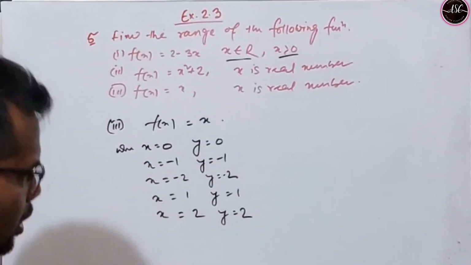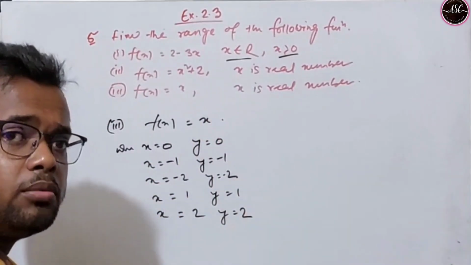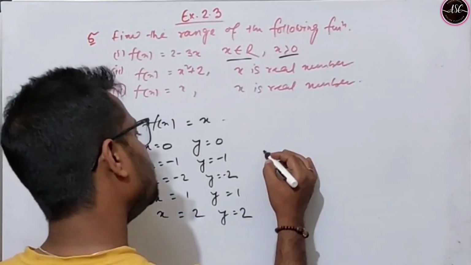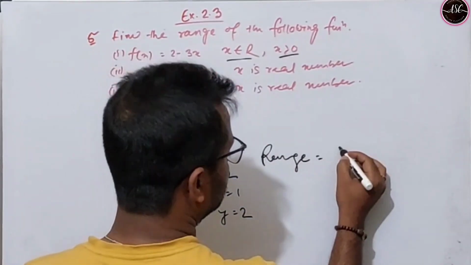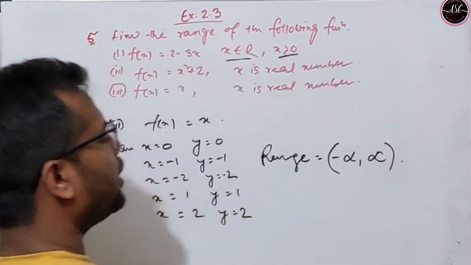So here we find that the value of y can be from minus infinity up to plus infinity. So the range will be within the bracket, minus infinity to infinity. Okay.